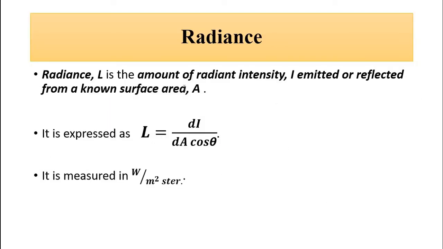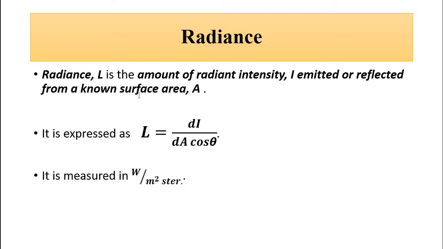It is the radiant flux reflected from a known surface area per unit solid angle, or the alternate definition is the radiant intensity reflected from a known surface area. So one way to define this is the radiant flux emitted from a known surface area per unit solid angle.